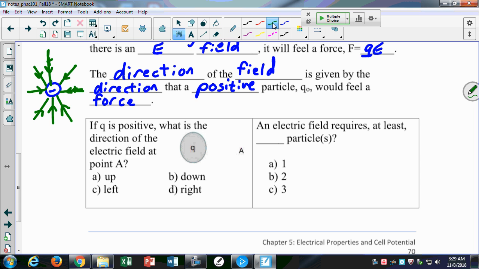Well, let's do something similar. Let's try this one. So if Q is positive, what is the direction of the electric field at point A? Is it up, down, left, or right? If Q is positive, what is the direction of the electric field at point A?